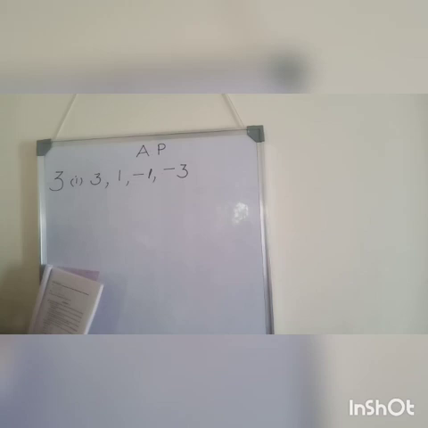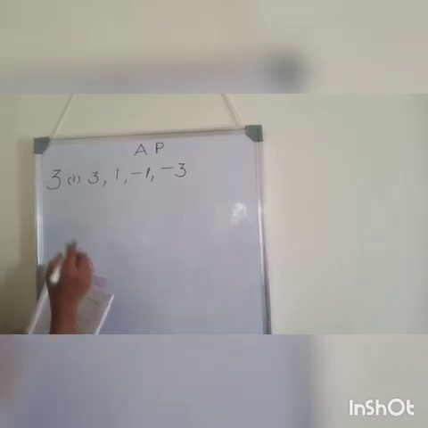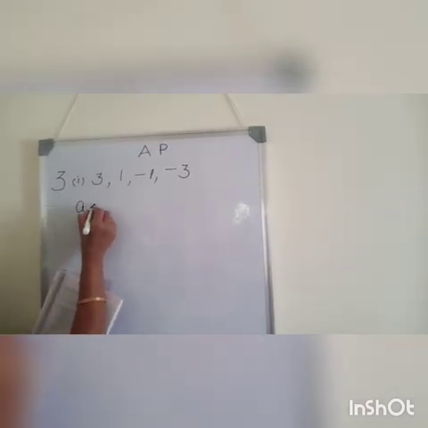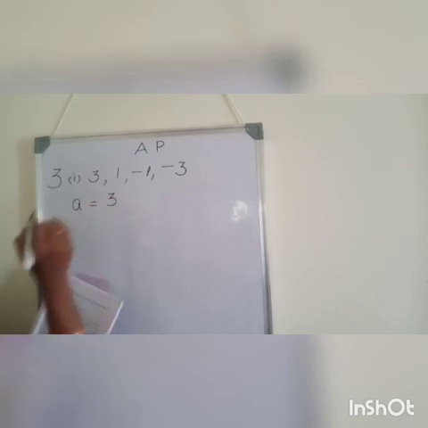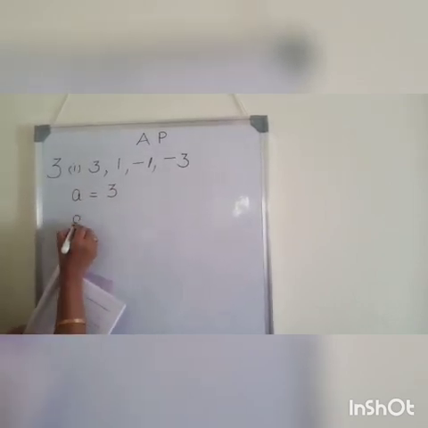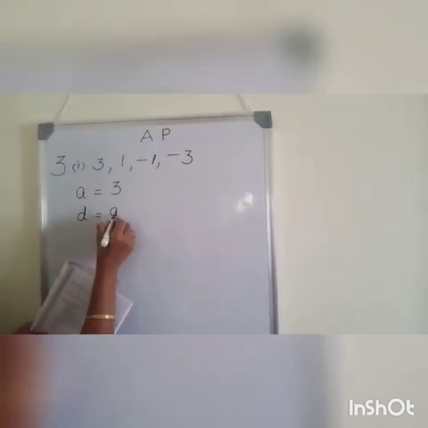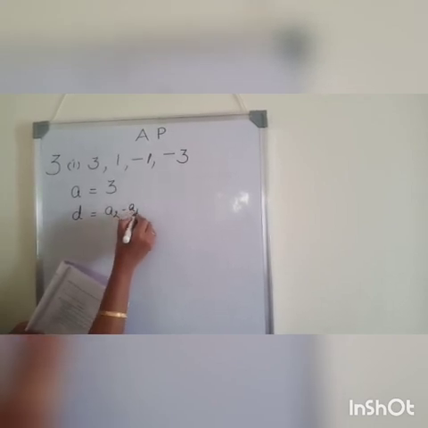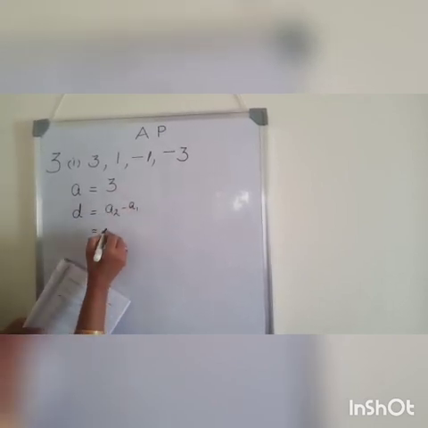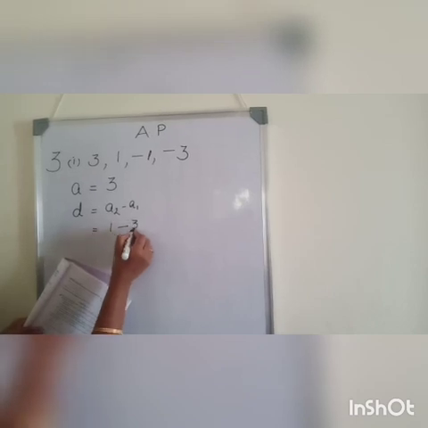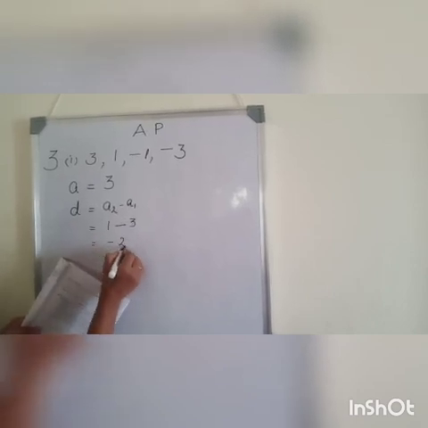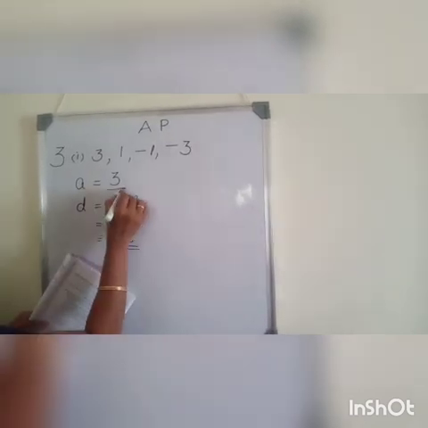We have to find out the first term and common difference. The first term is denoted by the letter A. A is equal to 3. Common difference, the formula is A2 minus A1 equals, second term is 1 minus 3. It is minus 2. So D is minus 2, A is 3.